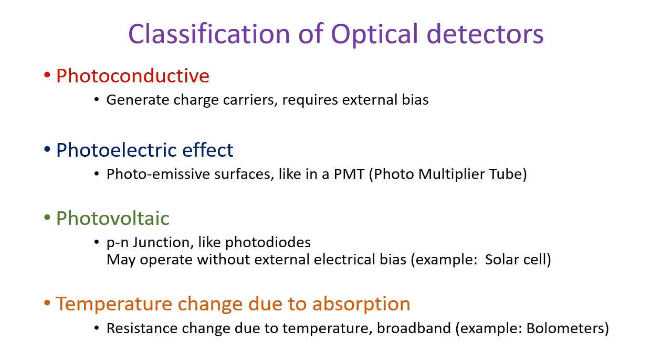That change in temperature is essentially registered as a change in the electrical characteristics, like the resistance being dependent on the temperature, and hence that is how the detection process happens. So we will look at some of that.